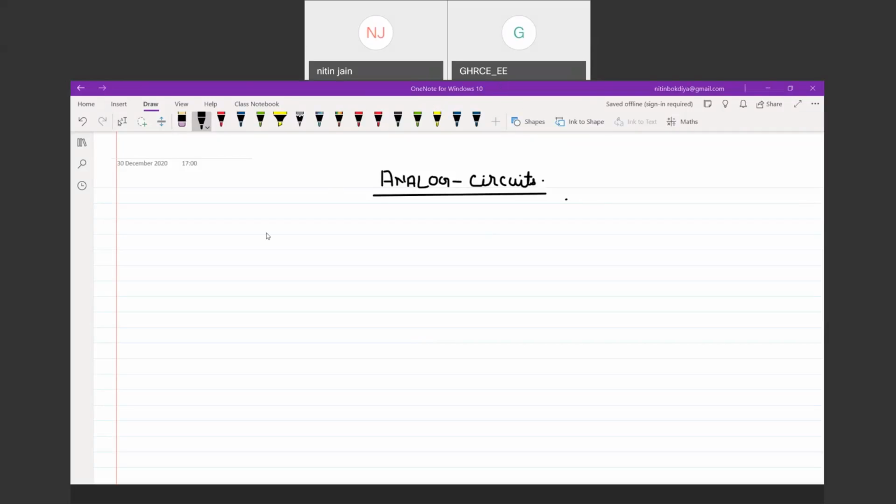Okay, so this is the last part of analog circuits, known as feedback amplifier. So let's start with the feedback amplifier.